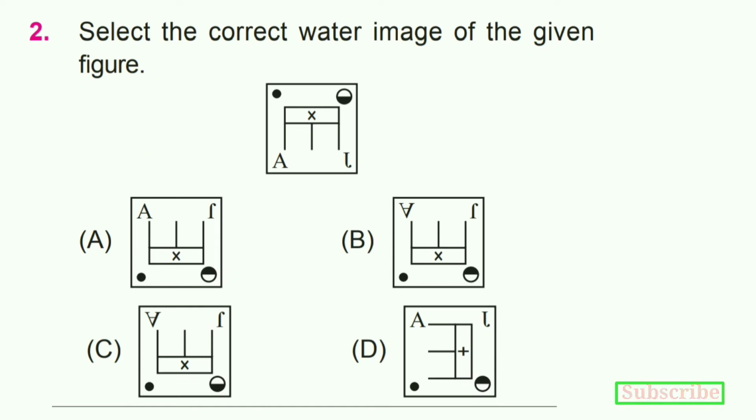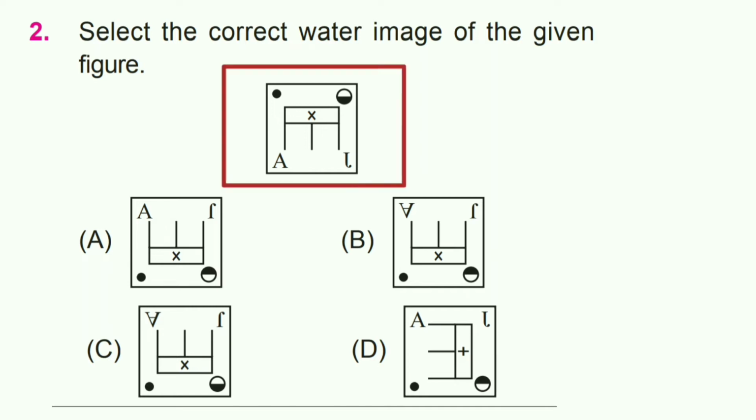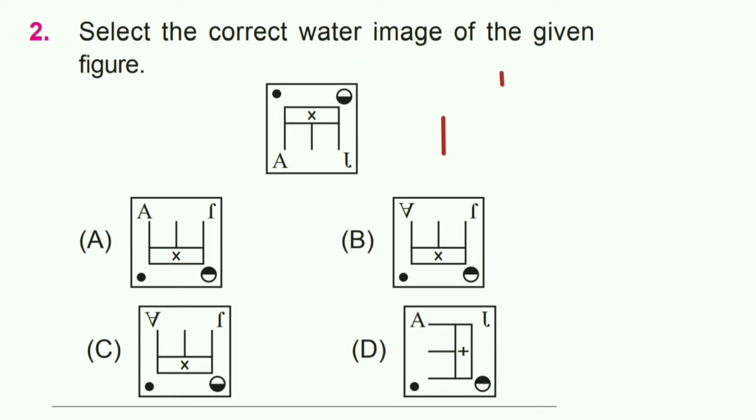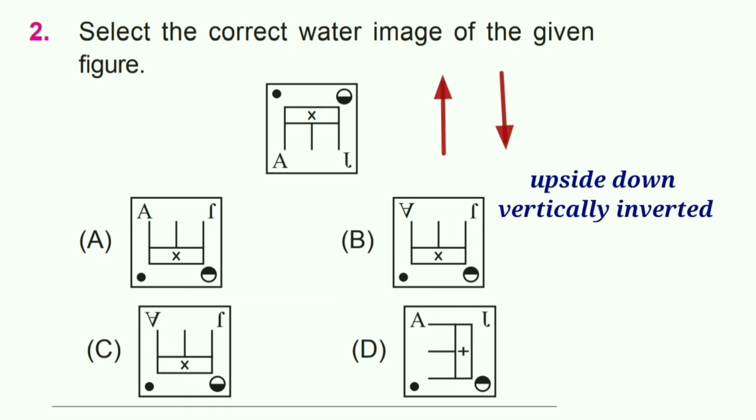Question number 2. Select the correct water image of the given figure. This is the given figure. What is the most important characteristic of water image? It is upside down. It means vertically inverted. Left and right cannot be changed.